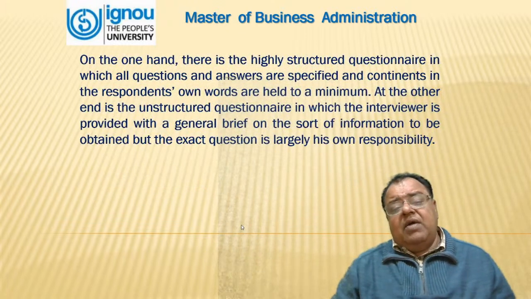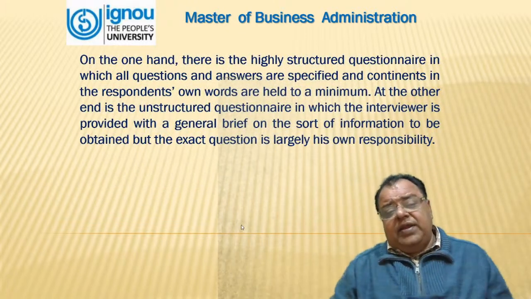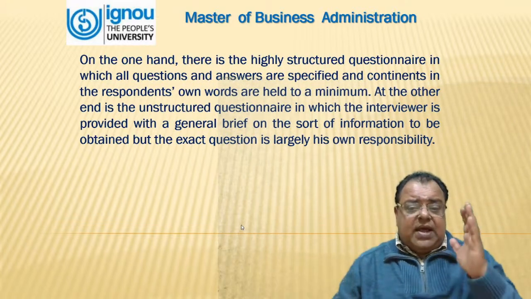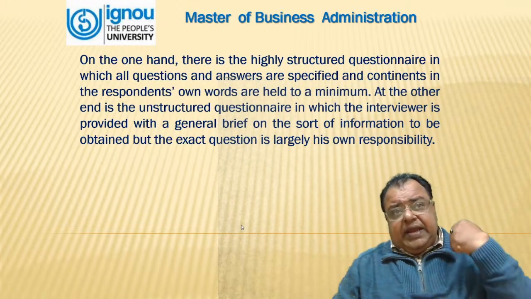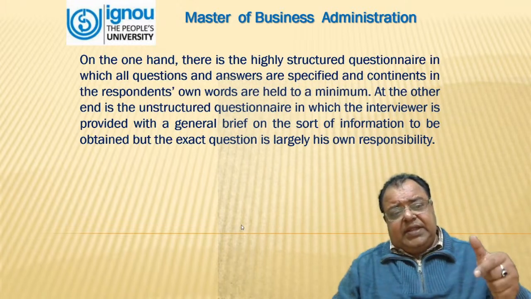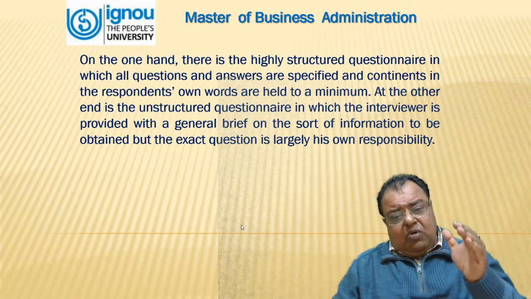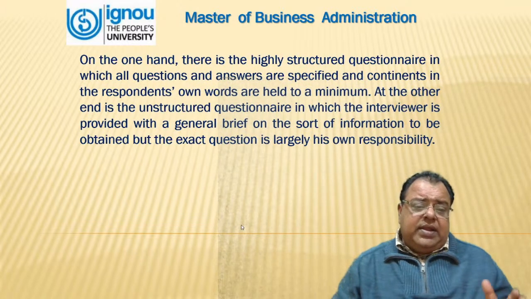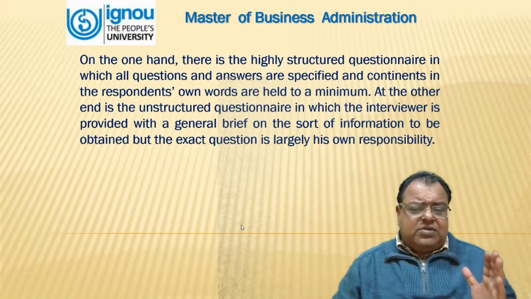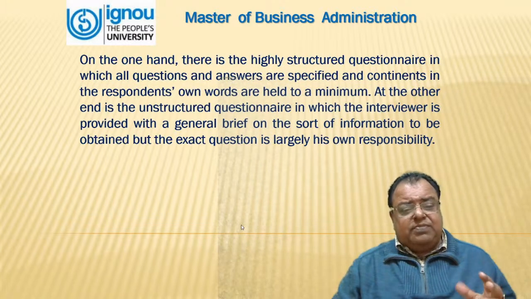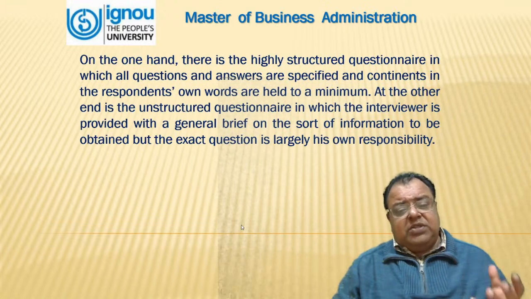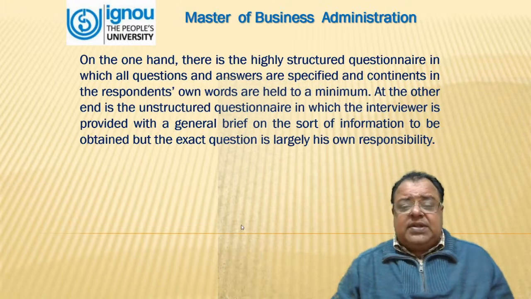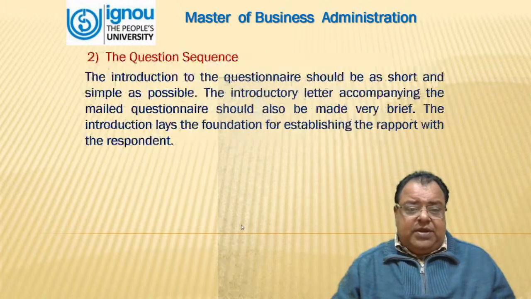On the one hand, there is the structured questionnaire, in which all questions and answers are specified and comments in the respondent's own words are held to a minimum. At the other end, there is the unstructured questionnaire, in which the interviewer is provided with a general brief on the sort of information to be obtained, but the exact question is largely his own responsibility.